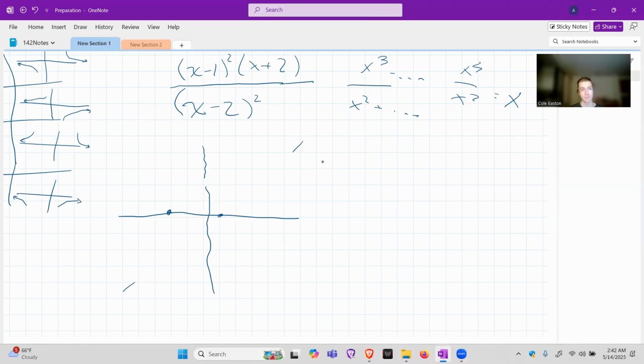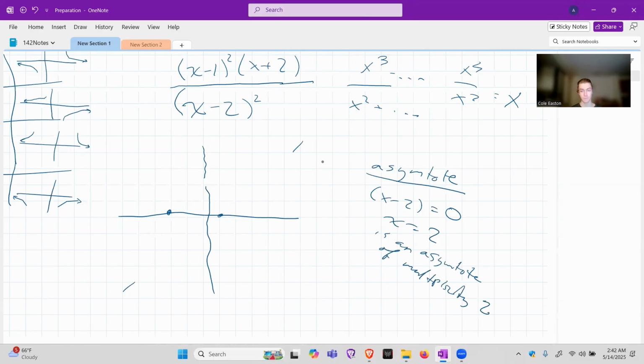And x minus 2, right? So if the denominator is 0, that means we have an asymptote, right? And so I'll just write this specifically because we didn't do it before. Asymptote, so x minus 2 equals 0. So x equals 2 is an asymptote of multiplicity 2.